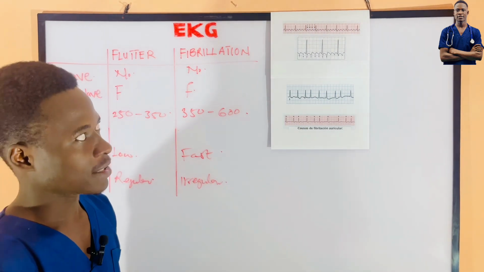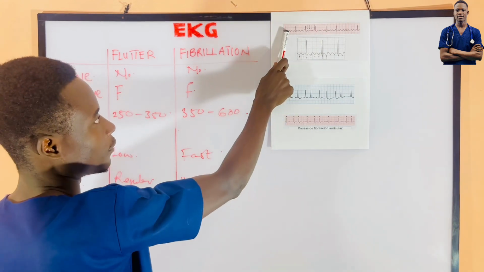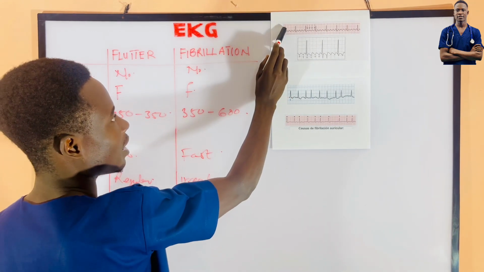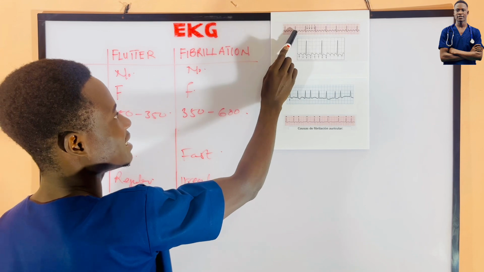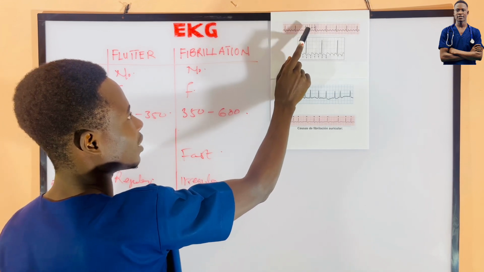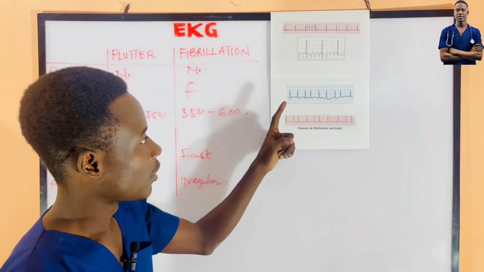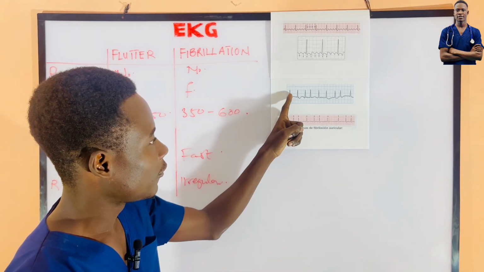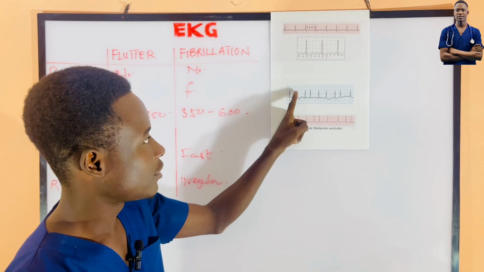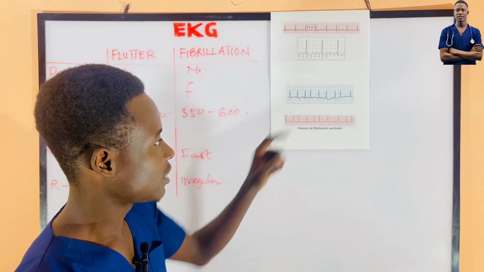Now, we can see from here that one R wave to another R wave has the same distance as another R wave to another R wave. But if you come down here, one R wave to another R wave is not the same as this R wave to this R wave.